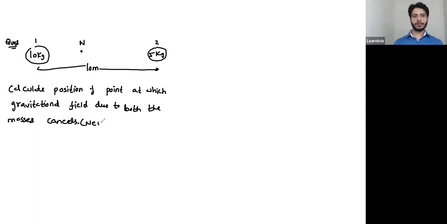Sometimes this point is known as the neutral point. This is also known as neutral point, the point at which net gravitational field is zero.